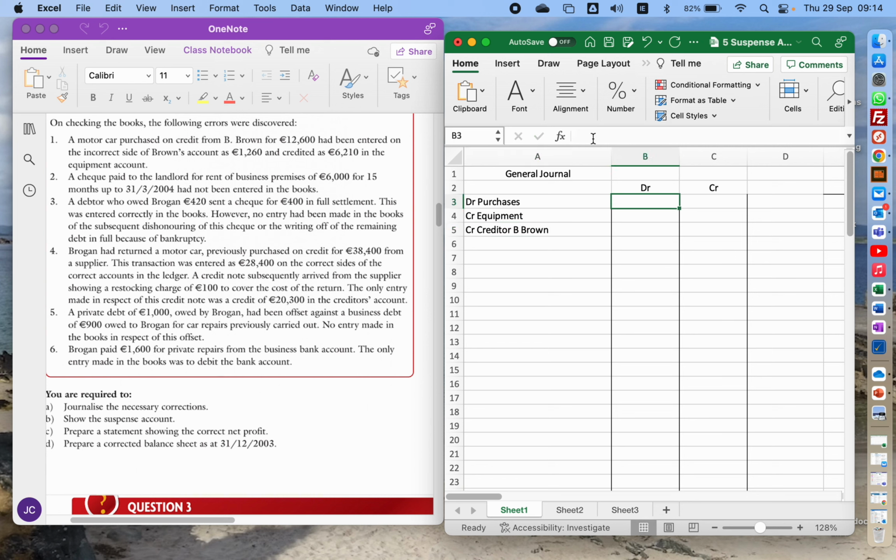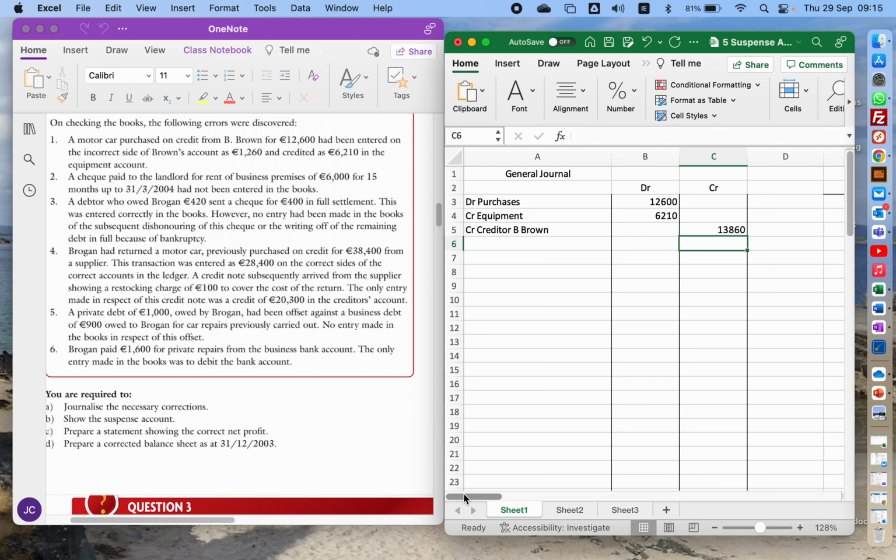So the purchases was 12600, equipment was 6210, just double check that now. This credit is 6210, so that means I need to debit 6210. Creditor B. Brown, so I had 2 entries in there, so I'm going to add the 2 of them together. So 12600 plus the cancellation of what we did already, so 13680.